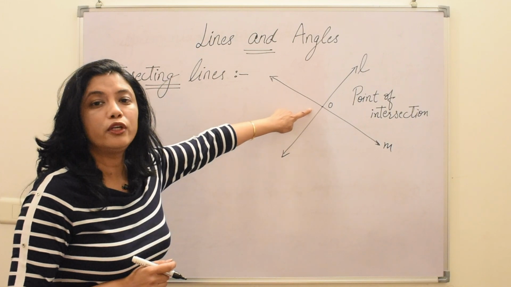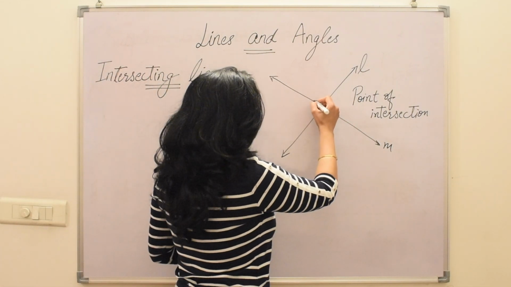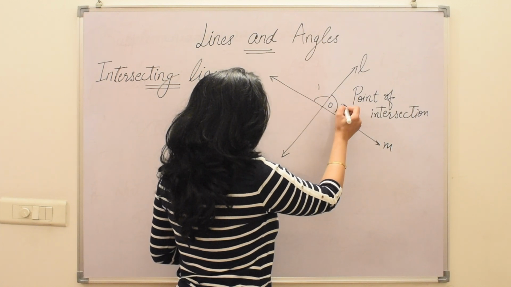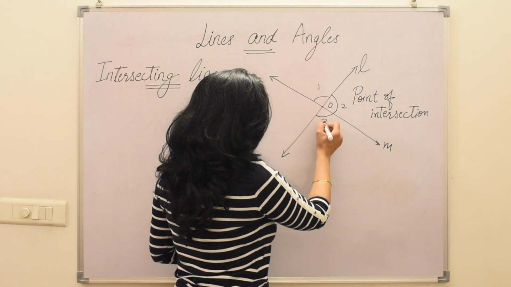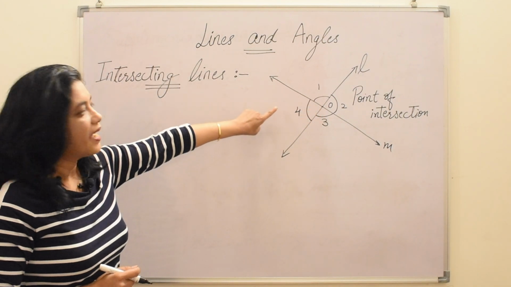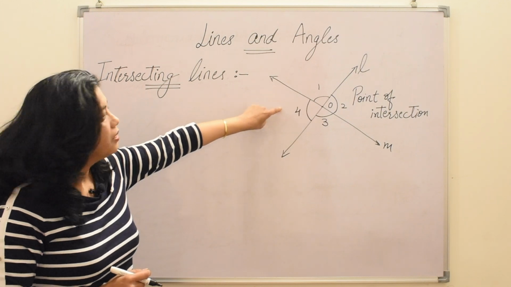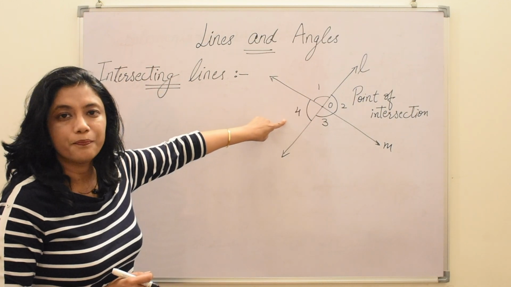Now let us see how many angles are formed. 1, 2, 3, 4. So with two lines we have formed 4 angles when they intersect each other.